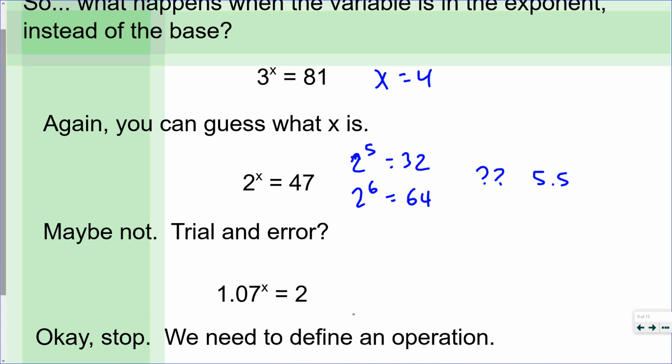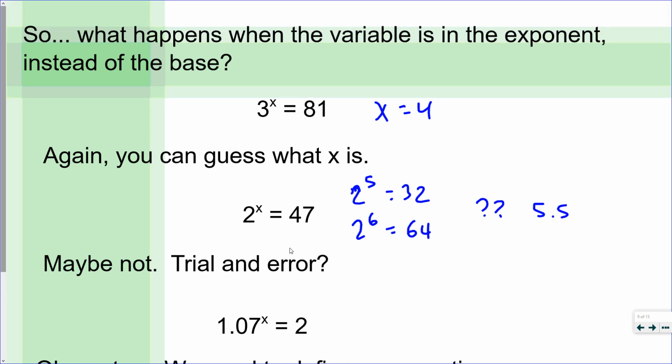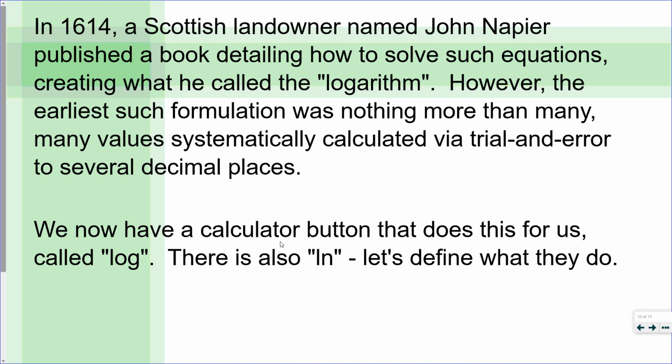1.07x equals 2? Okay, let's figure this out. Okay, so in 1614, a Scottish landowner named John Napier published a book detailing how to solve these equations. His book became kind of the gold standard of mathematics of this type for over 300 years.